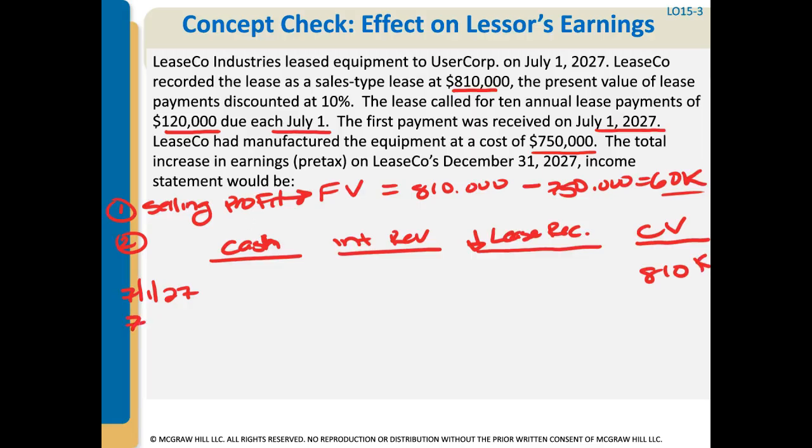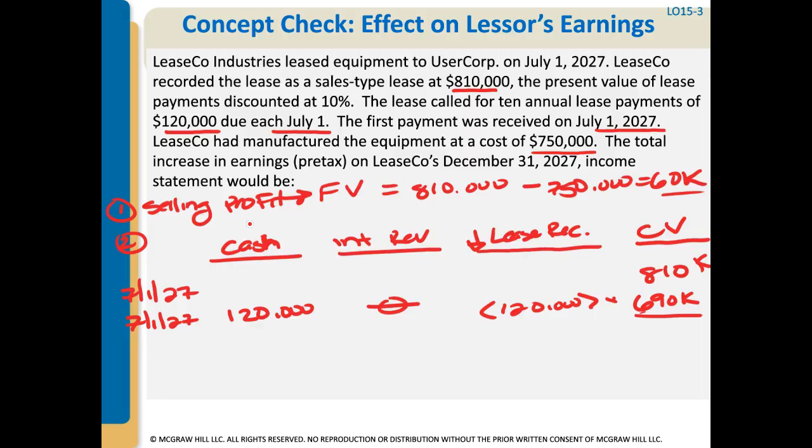Also on 7/1/27, there is cash from our first lease payment. Because they happen to be on the same day, there is no interest component to this particular payment, since it's on the very first day. So I'm going to reduce my lease receivable by that amount, and that makes my new carrying value $690,000.